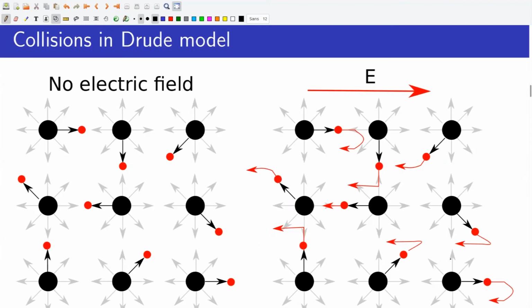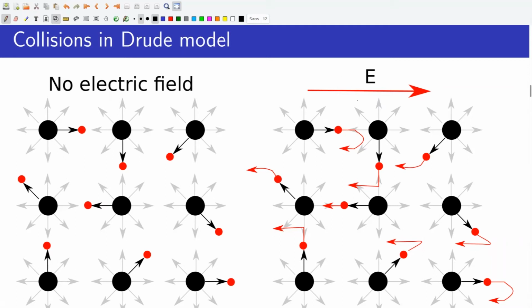In this diagram, the gray arrows are showing all the possible directions in which the electrons can be scattered after a collision. Black arrows are showing the actual direction along which the electrons are getting scattered. Clearly, if there is no external field, the electrons will get scattered randomly, leading to zero current.